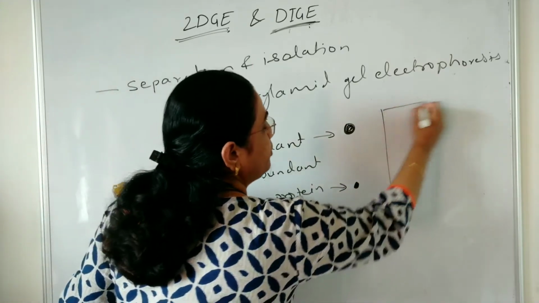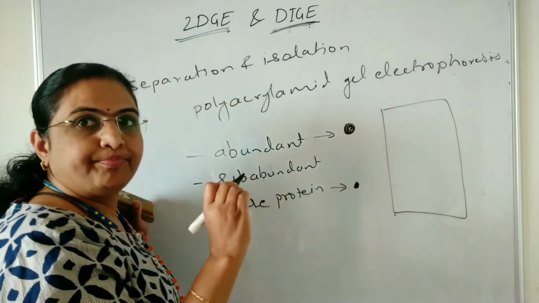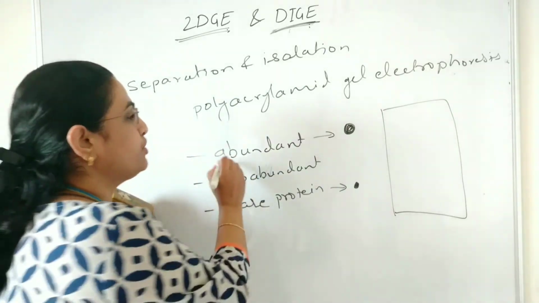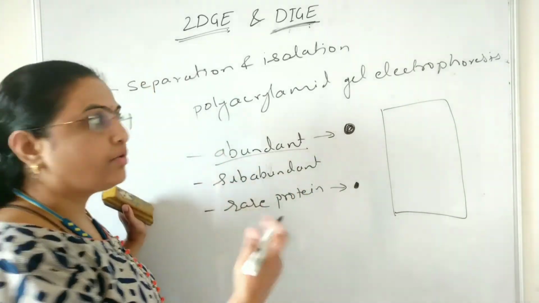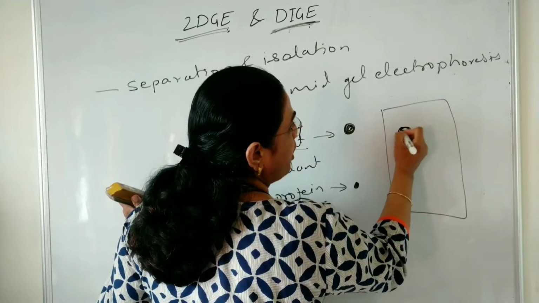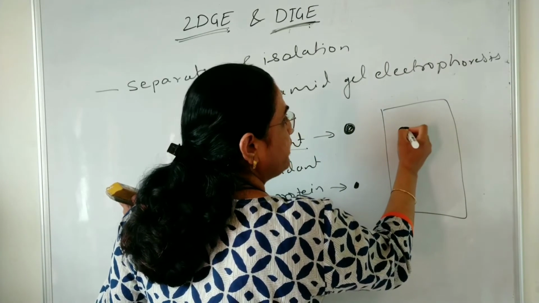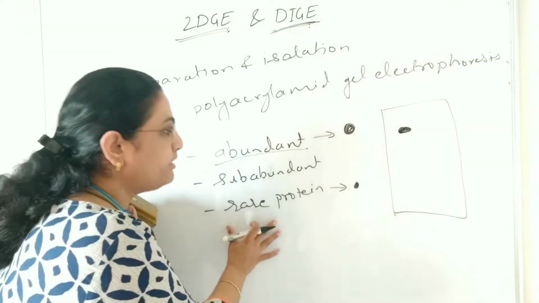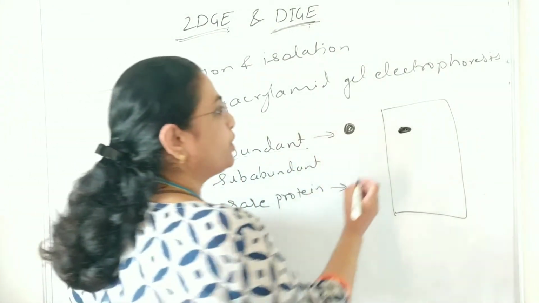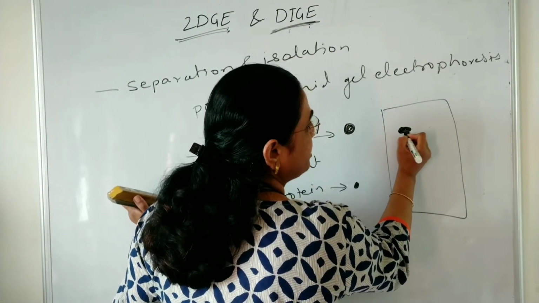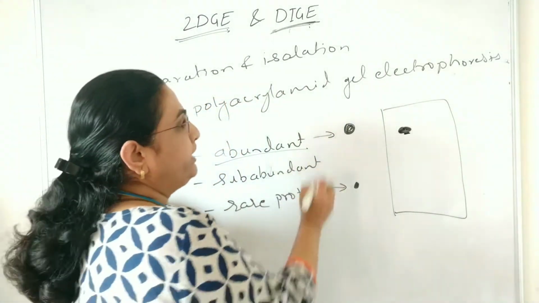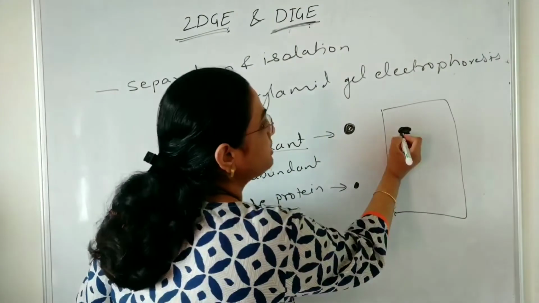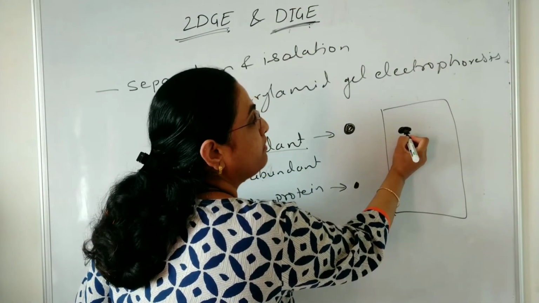When you run the gel, as the abundant protein is in a large amount, at a higher concentration, the band observed will be the darker one, and the rare protein, as its concentration is lower, will give a smaller band. And if their pI value and molecular weights are similar, then what is going to happen? The abundant protein is going to cover the rare protein.